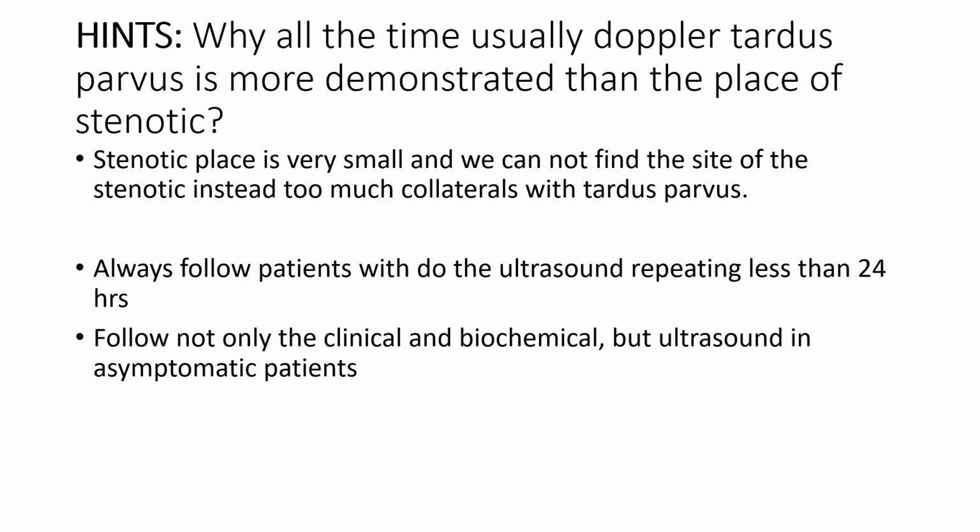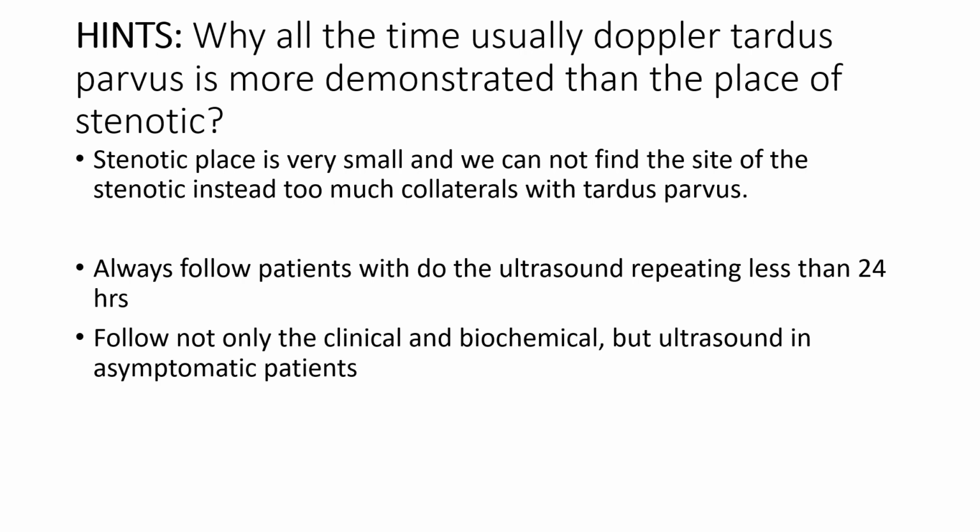And all the time we should know that if we find a tardus parvus, it means low peak velocity and a very long acceleration time to peak systolic. All of them show that there is proximal stenosis, and we can find a small stenosis.